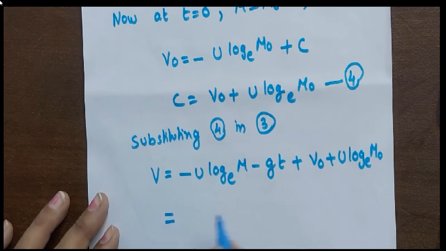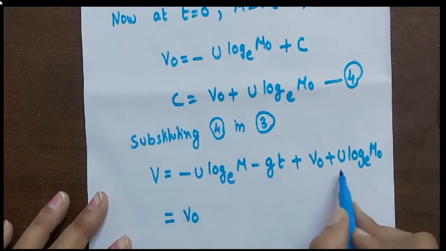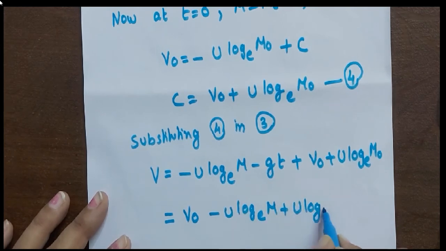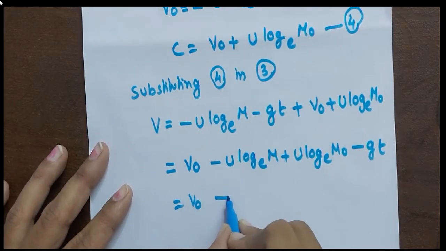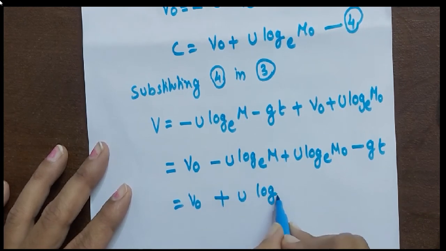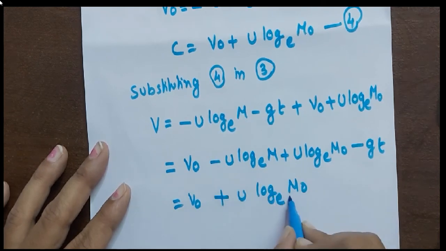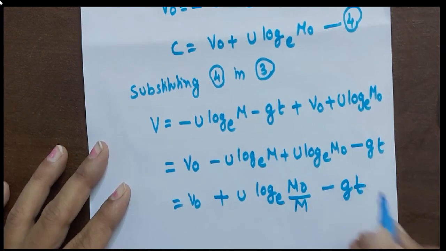We take V0 first, then combine these two terms: V0 plus u log e of M0 upon M, since the minus sign means division by M, and we are left with minus gt.